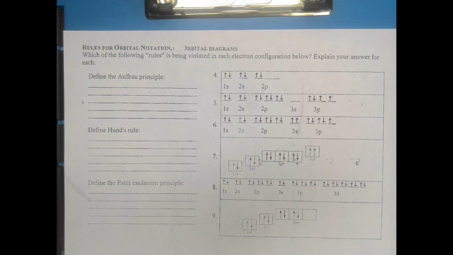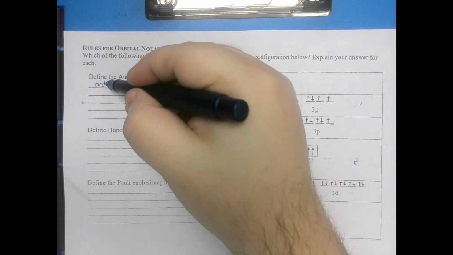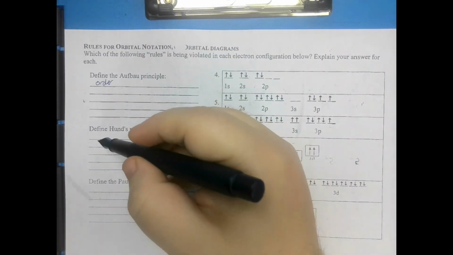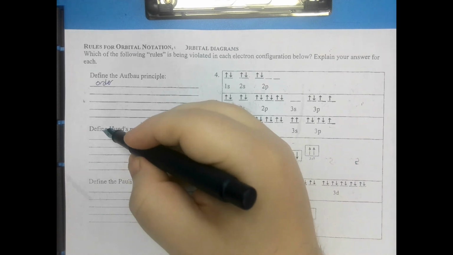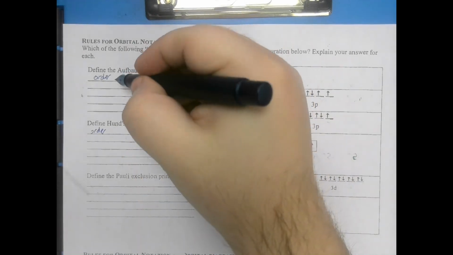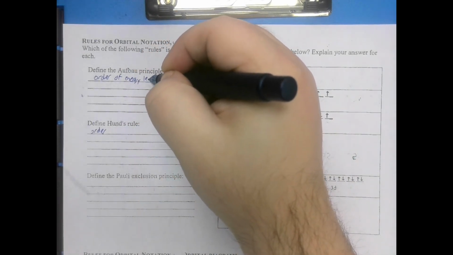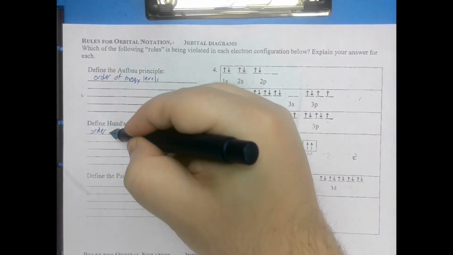So let's do rules for orbital notation. Let's find mistakes. So Aufbau defines your order. Hund's rule tells you the order of electrons.